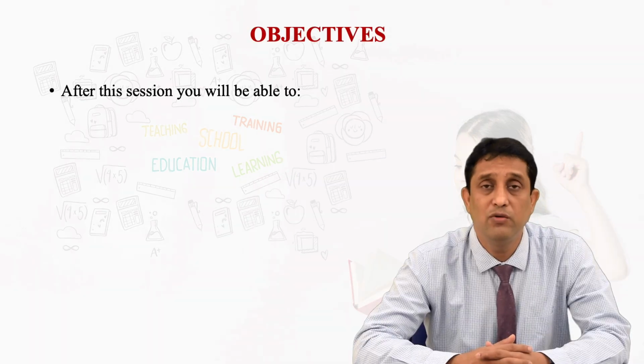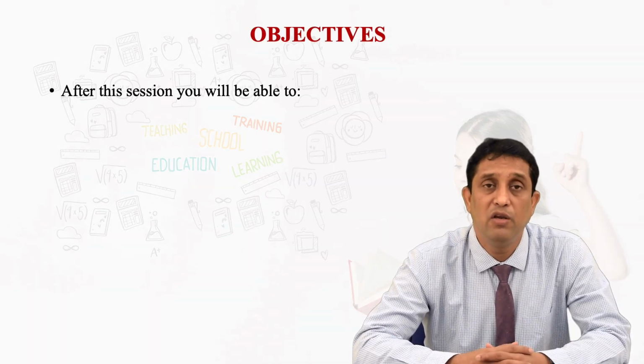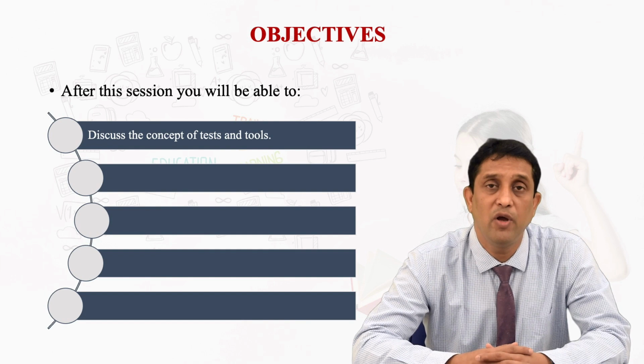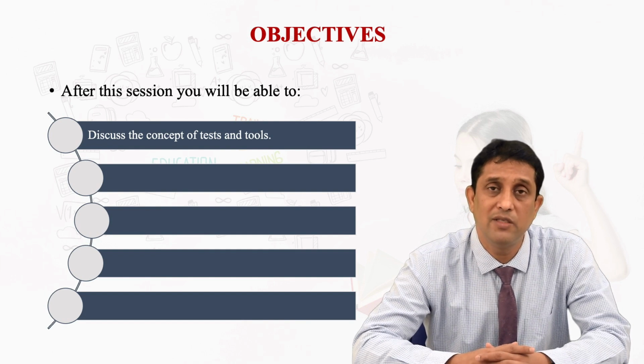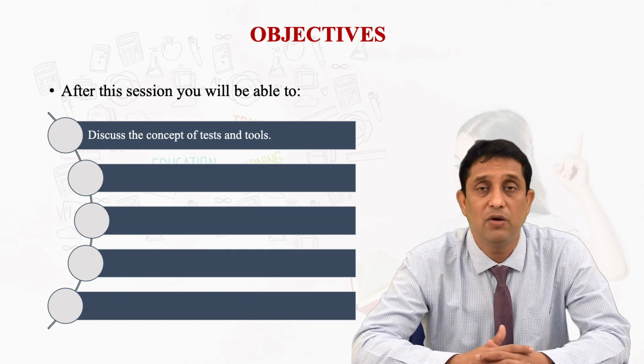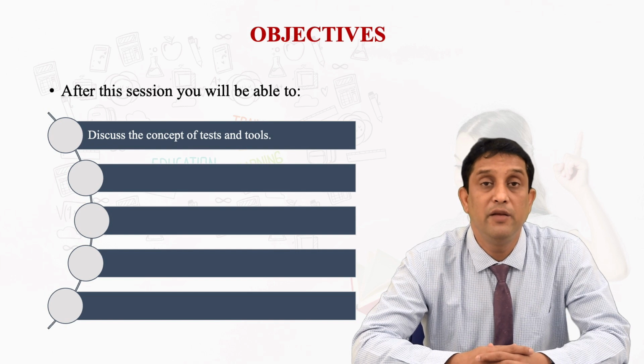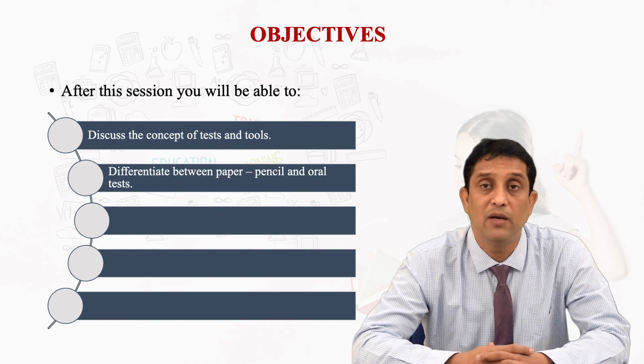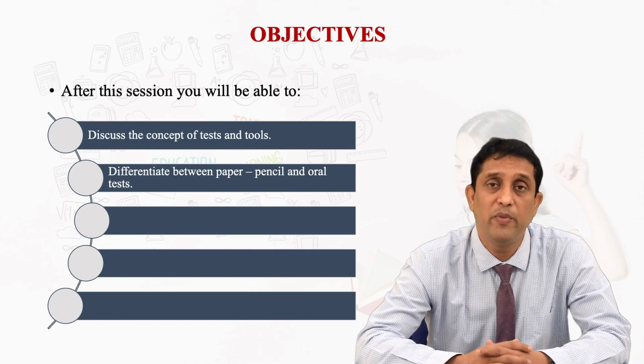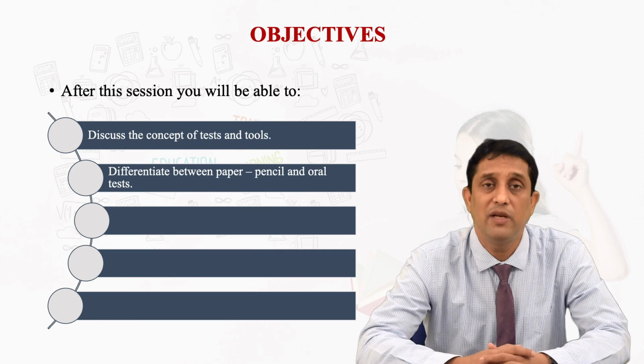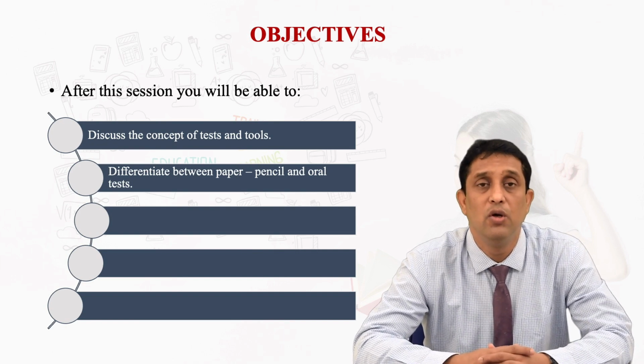The learning outcomes of this video lesson are that after going through it, you will be able to discuss the concept of test and tools. What is the concept of a test and what is the concept of a tool? Then differentiate between paper pencil test and oral test, and what is the difference between these two.